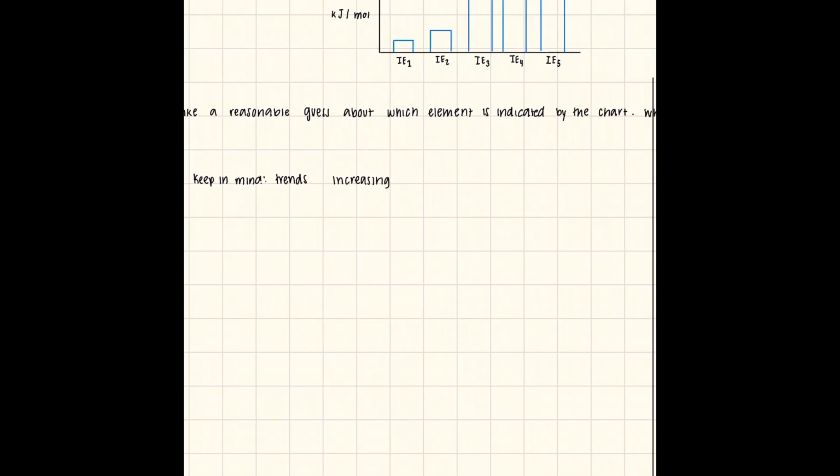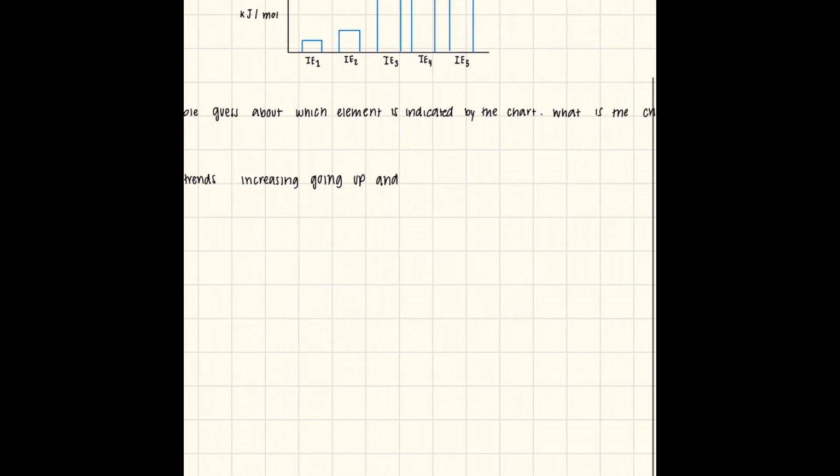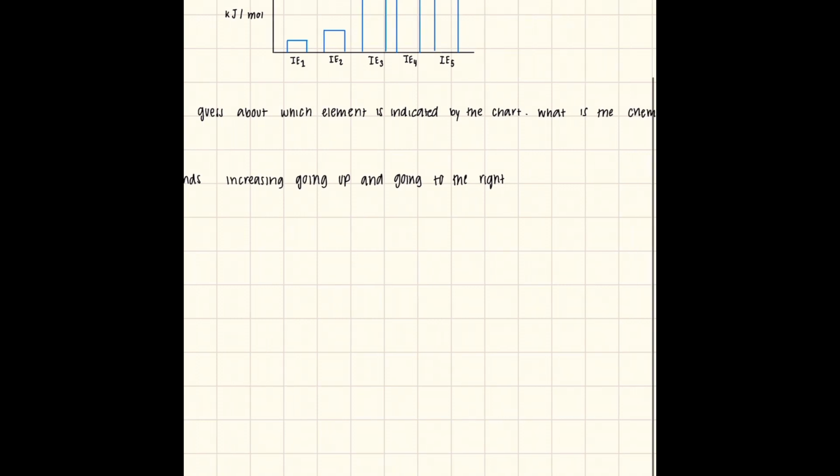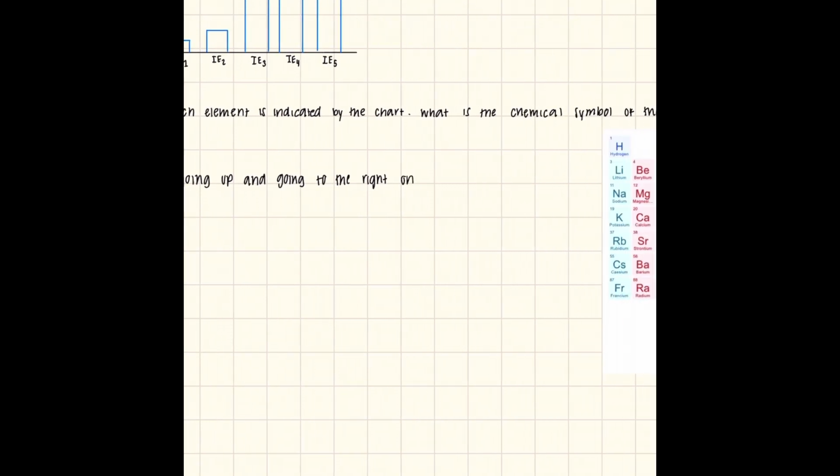This just means as we go up the periodic table of elements, the ionization energy is going to increase. And the other trend that we see is we also are going to see an increase in ionization energy as we move to the right on the periodic table. So keep those two in mind. This is going to help us later on in our problem when we are looking at the periodic table to figure out our answer.